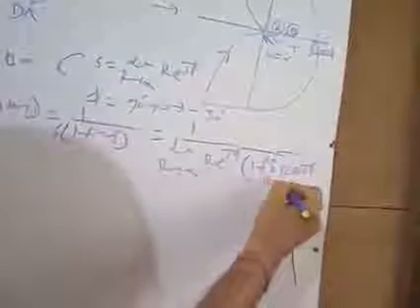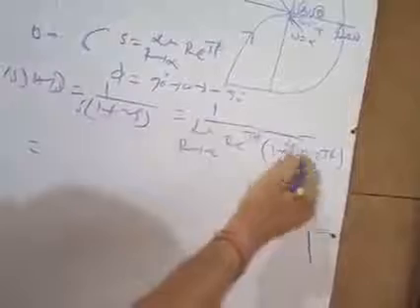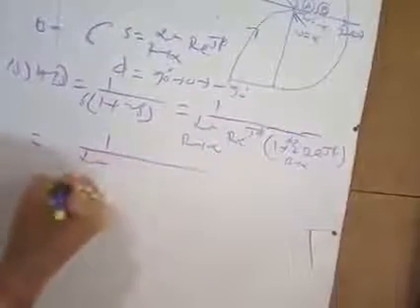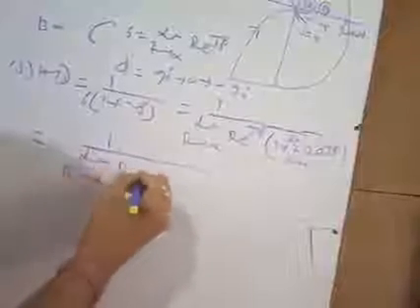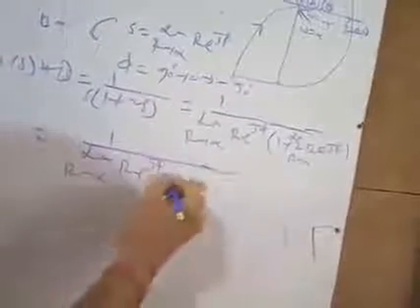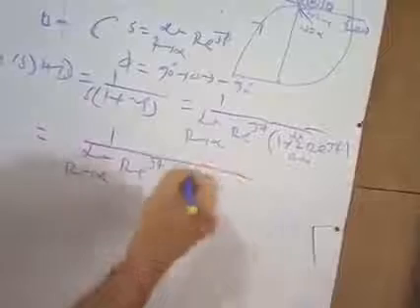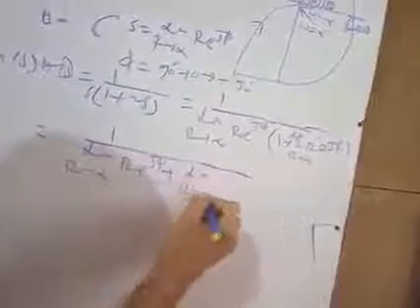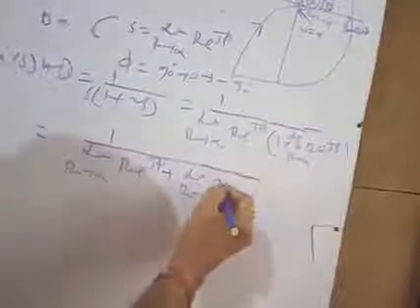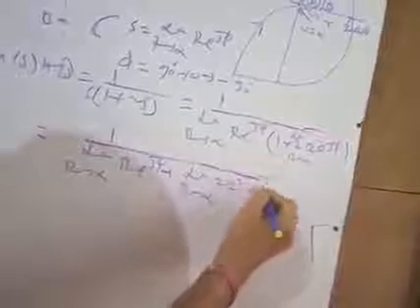So this becomes, you can just multiply it, limit r tends to infinity of r e to the power j phi plus 2r square e to the power 2j phi, right?